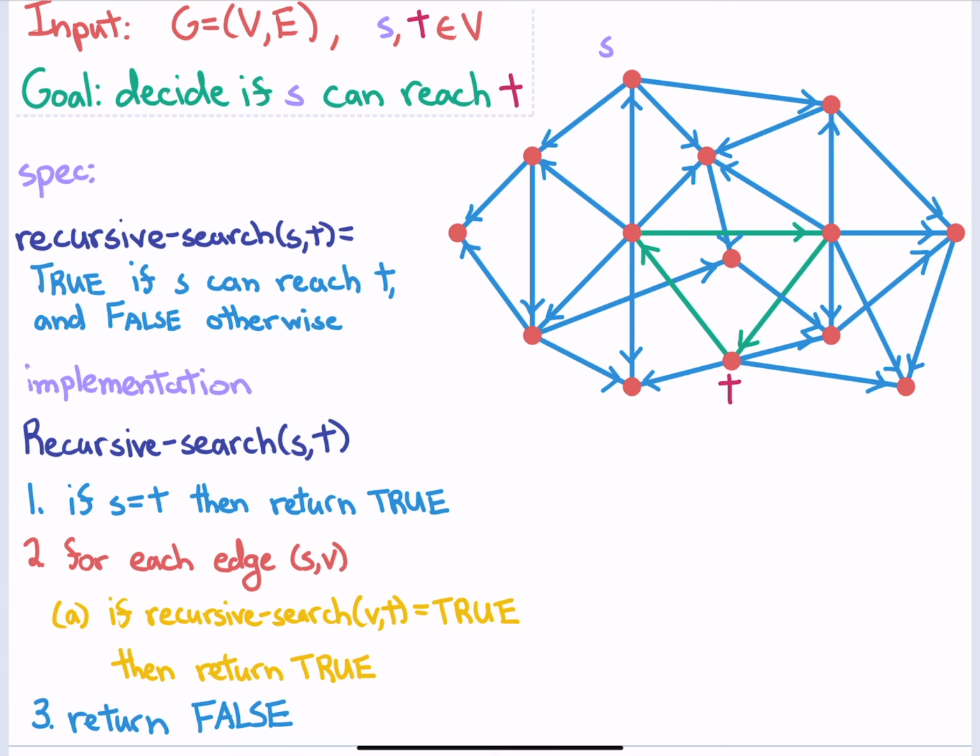Recursive search ST: if S is equal to T, okay, I've reached my destination, I just return true. Otherwise, I know that if S could somehow get to T, there must be some first edge, some neighbor V, that can reach T. So I'll try all the edges SV, all the edges leaving S, and recursively call recursive search VT to see if V can reach T. If any of those return true, then great, I return true overall.